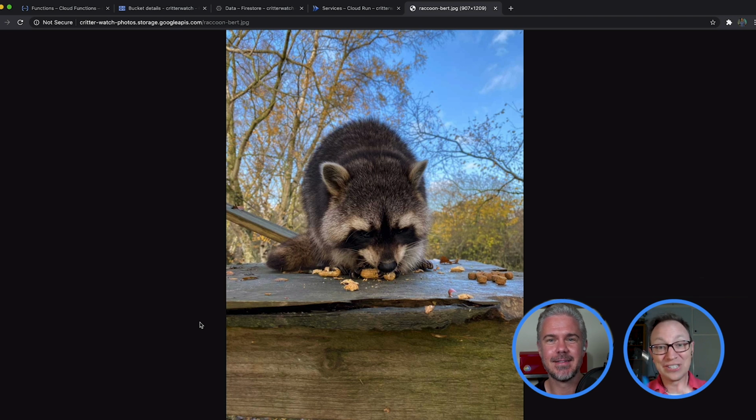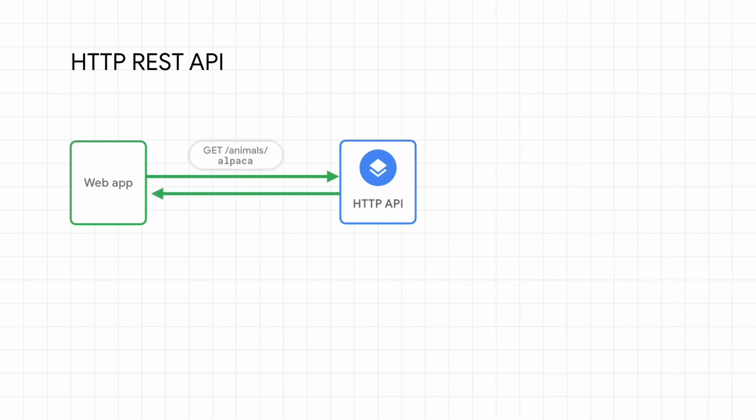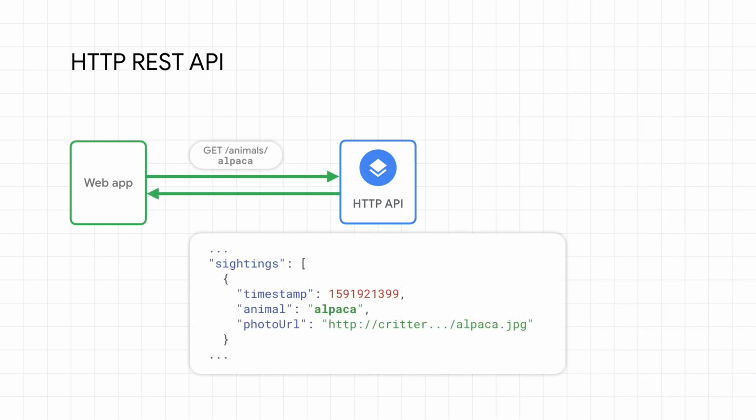So gluing services together, depending heavily on events, triggering on events, Cloud Functions works great for that, as we saw. Now, I hear that they also have another use case in mind. Exactly. So CritterWatch had a second service, where they wanted to create an HTTP REST API, where they could have some endpoints.